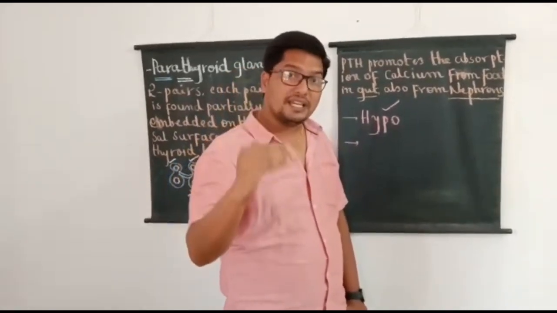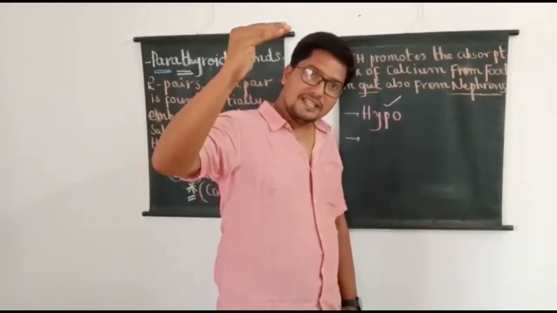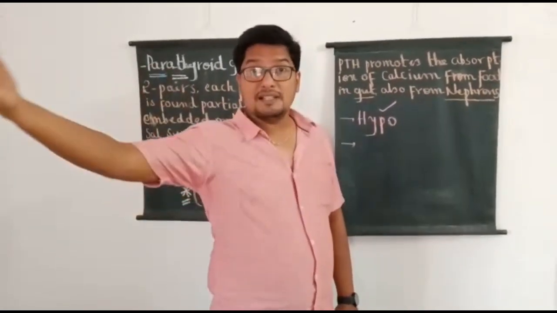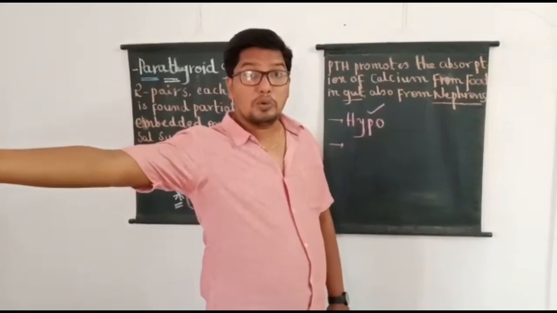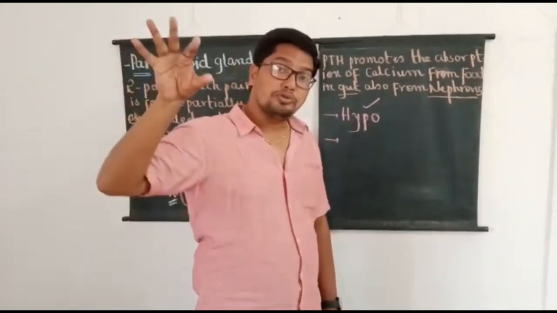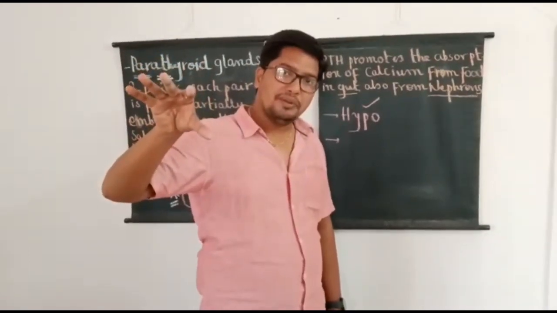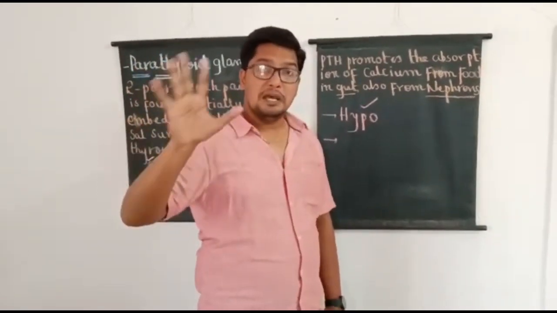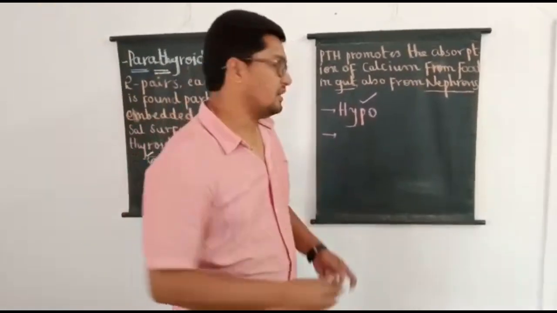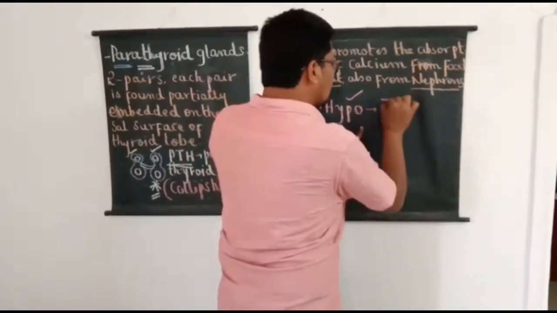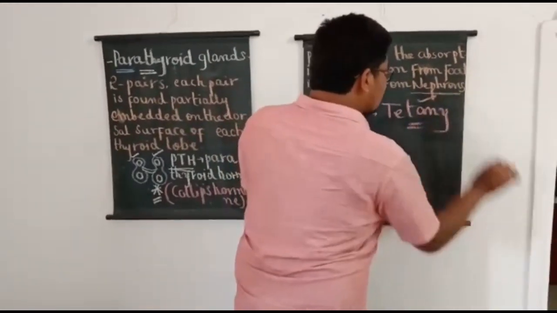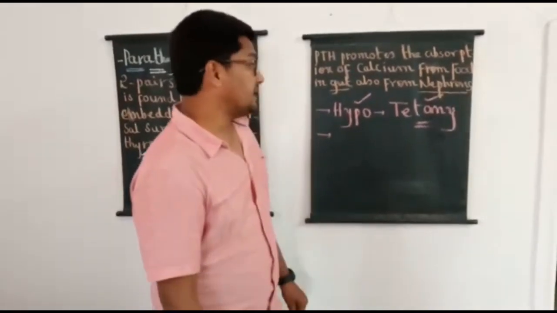Calcium levels in the ECF, and in ECF calcium level decreases, but ultimately in the muscle cytoplasm, that is in the sarcoplasm, calcium availability becomes more. So due to excessive calcium availability inside the muscles, muscles remain in a condition of sustained contraction, and this problem is called tetany.